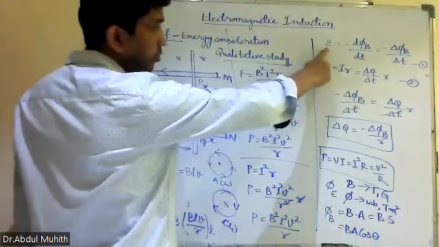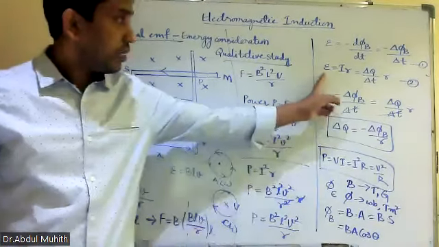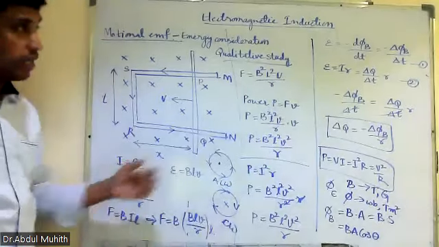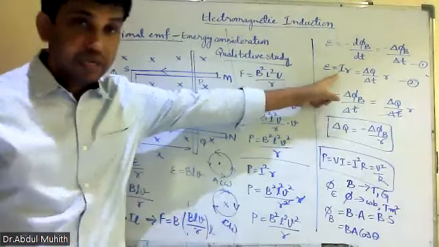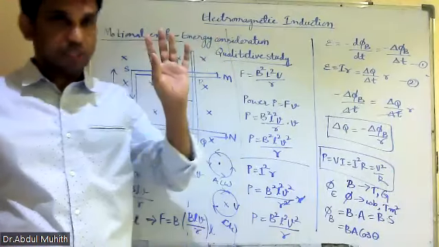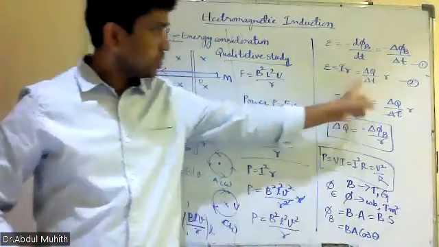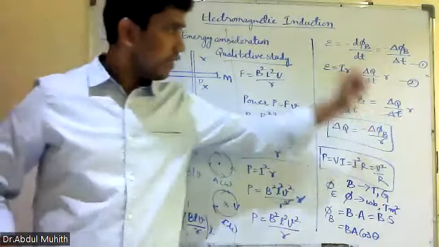And next, this is the formula which came from Faraday's law of electromagnetic induction, and this is the formula we got: E is equal to IR. From here I got I. But what is I? Current is the rate of flow of charges, so delta Q by delta T. Now I'm equating this to this one. Then delta T will go away.